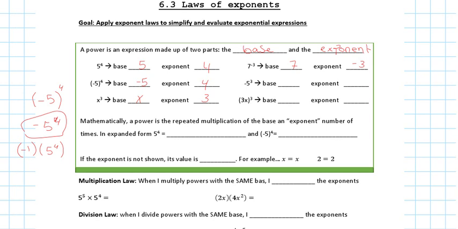So my base, which is the base of the exponent 4, is just the 5. And the exponent is? The base here is 3x, and you know it's 3x because it's all in a bracket under the exponent. And the exponent is 3.